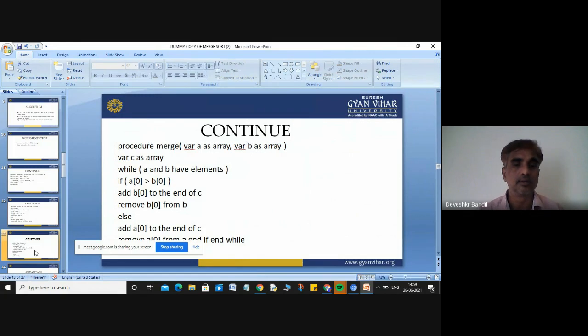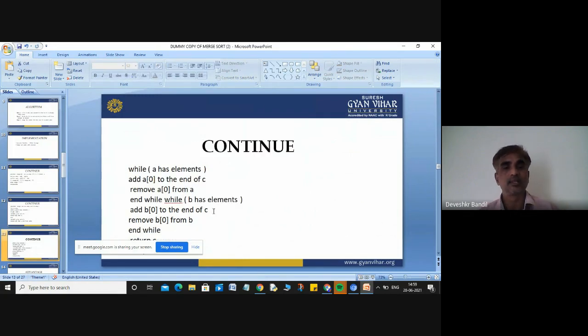And in this, while a has elements, first of all you will add the zero location at the end of c, and you will remove from the zero location, and your while will end. If b has elements, first of all you.